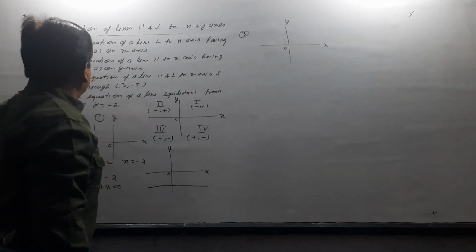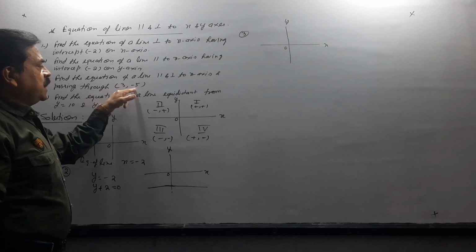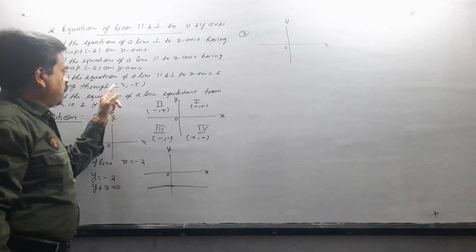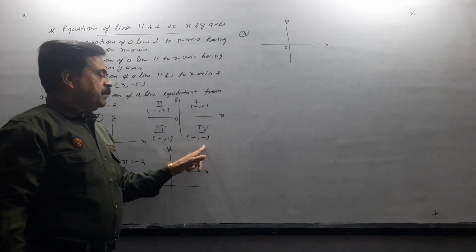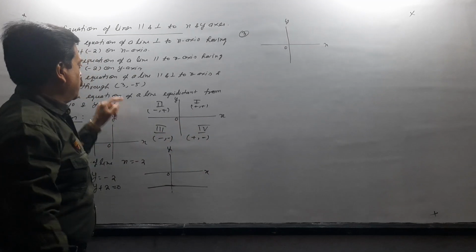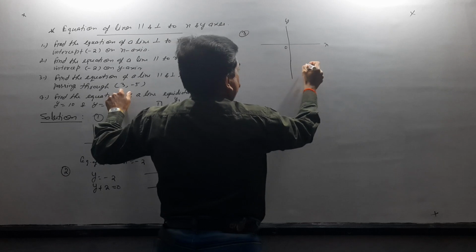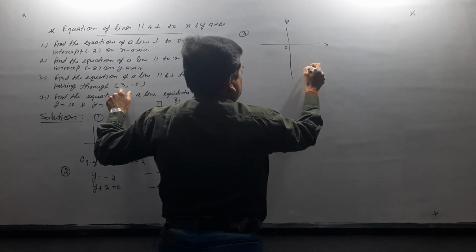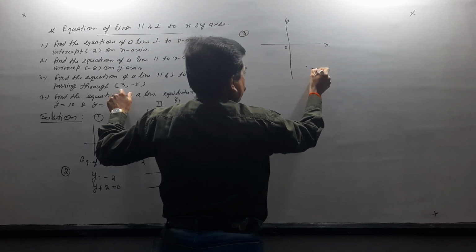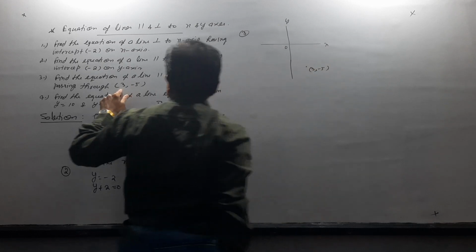First plot this point (3, -5). 3, -5: positive, negative, we have point in fourth quadrant. So (3, -5) is a point in fourth quadrant. Suppose lying here.